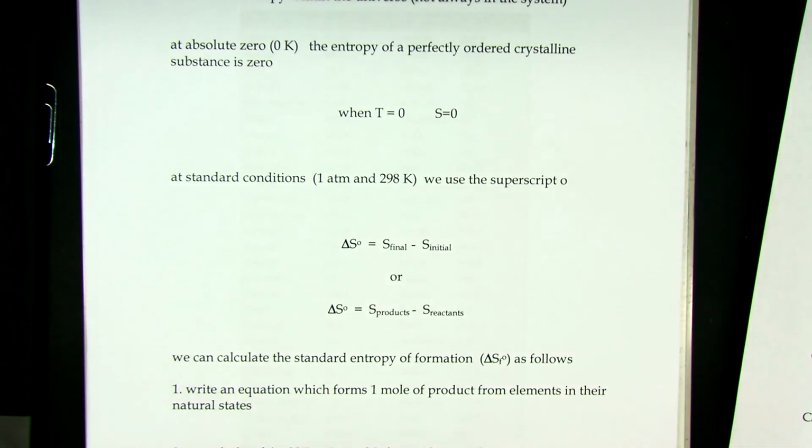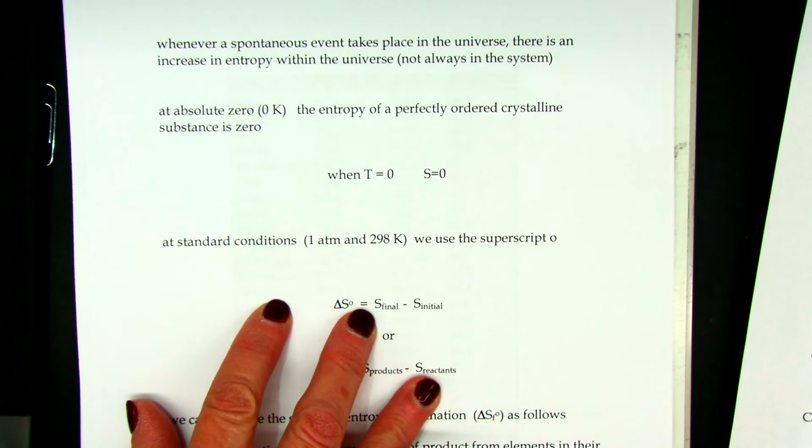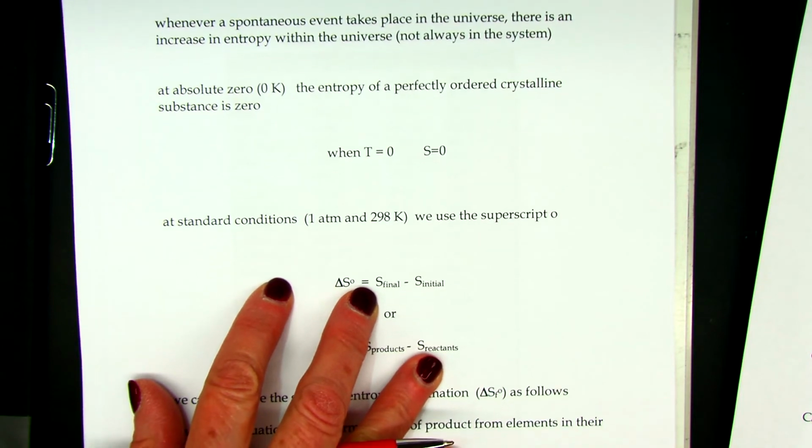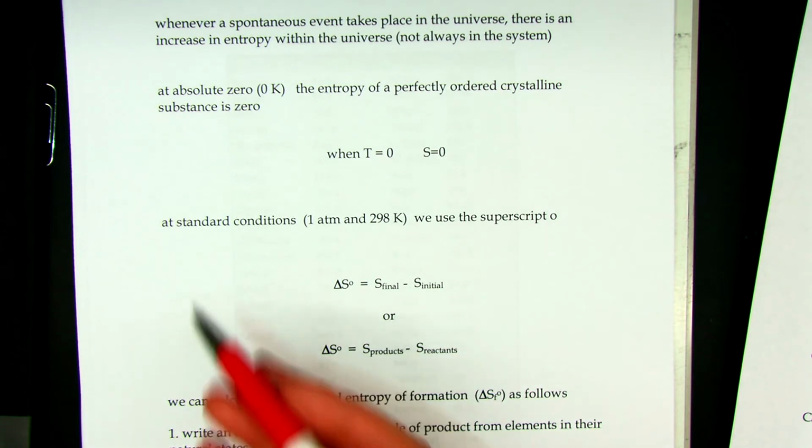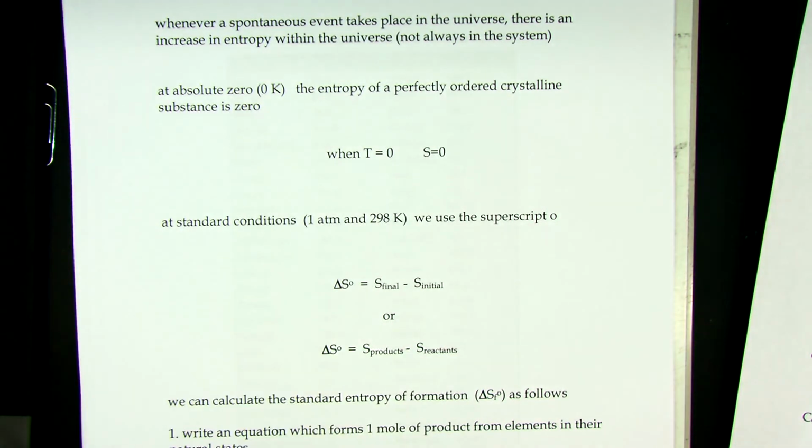So, whenever there is a spontaneous event that takes place in the universe, there's going to be an increase in entropy somewhere within the universe. It's not always within the system. Like I said, they cleaned up the family room, but the closet was a hot mess when they were done. So, when we talk about entropy, we sort of define it at absolute 0 Kelvin.